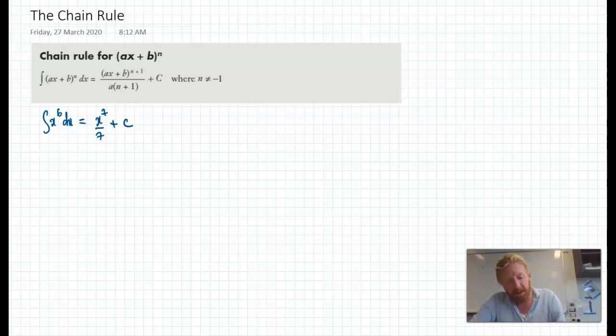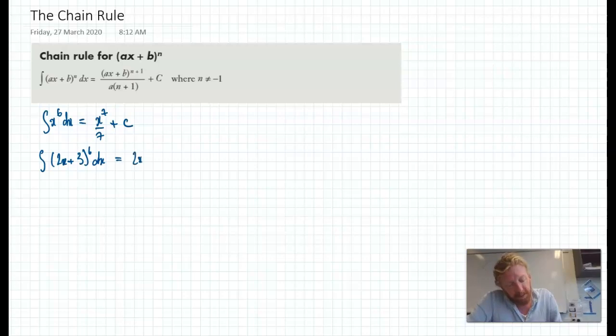What this here is saying, I'll just do an example so you can see how to use it, and then we'll prove how or why it works. It's just saying that if I have a linear function, (2x plus 3) to the 6 dx, I can just jump straight to here.